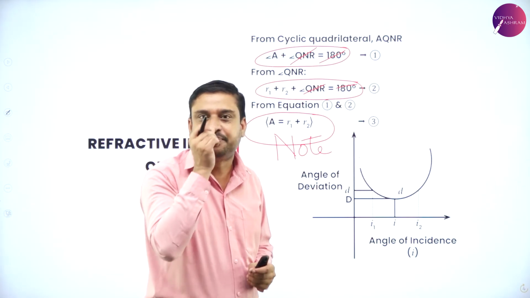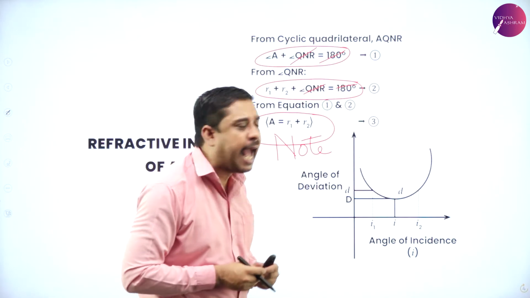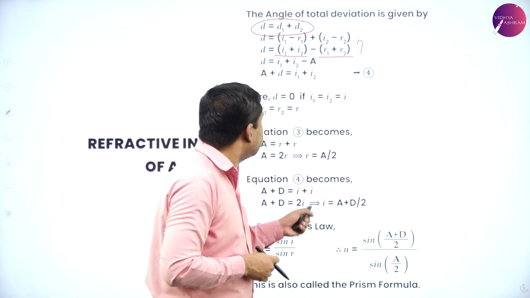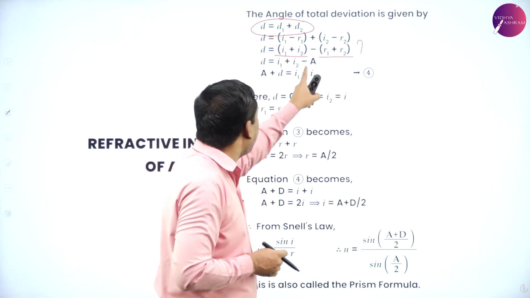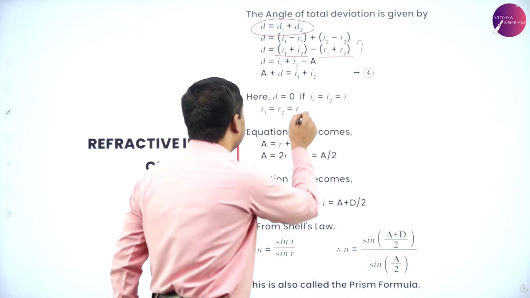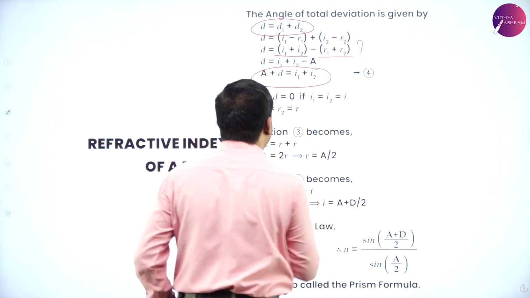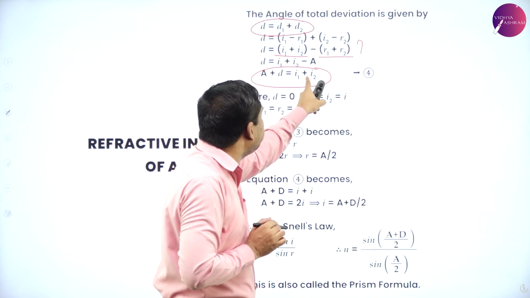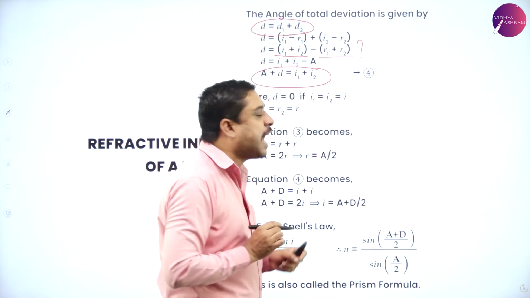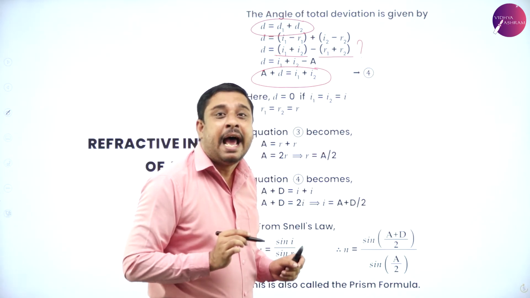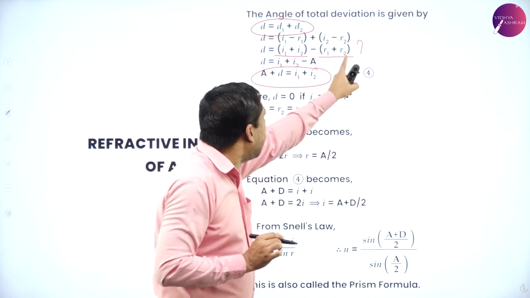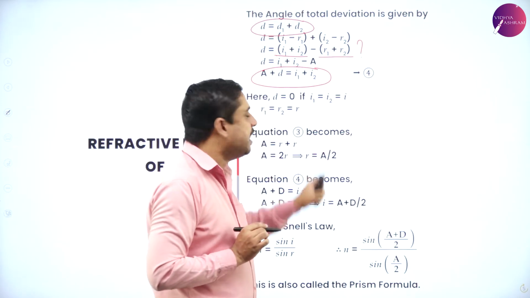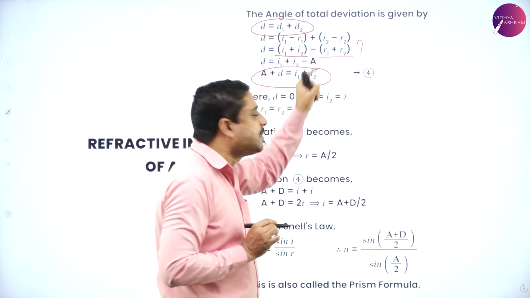Angle of the prism, the so-called refracting angle, is always R1 plus R2. So, substituting here, R1 plus R2 is A. So, a very important expression, A plus D is equal to I1 plus I2. I have calculated the total angle of deviation and expressed equation 4 as A plus D equals I1 plus I2.